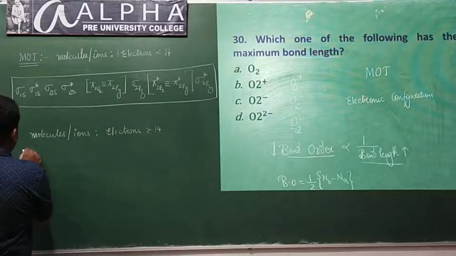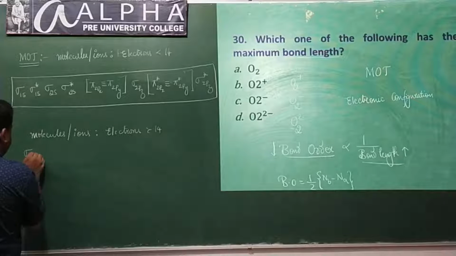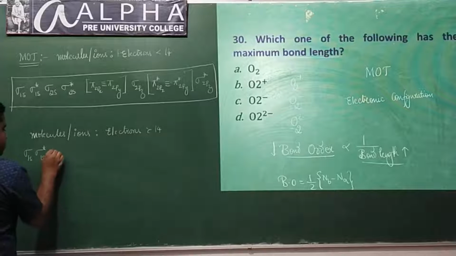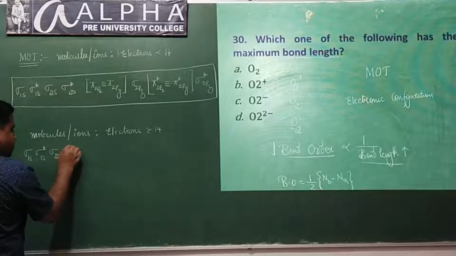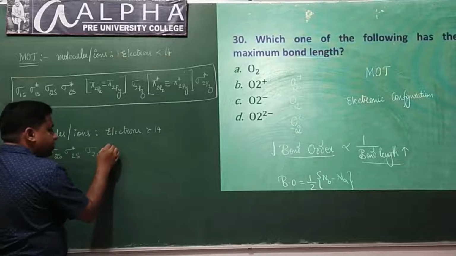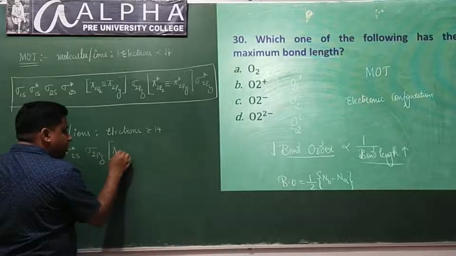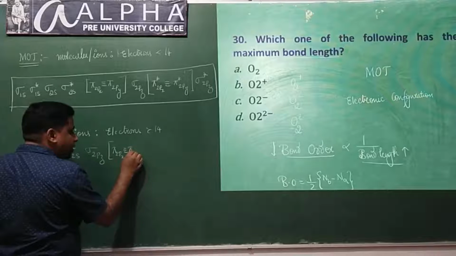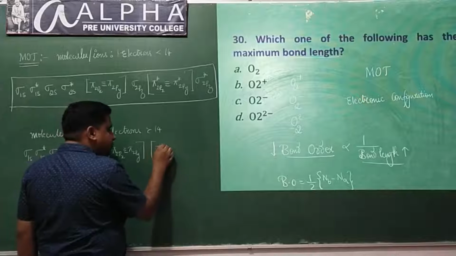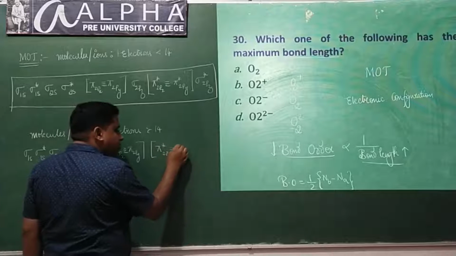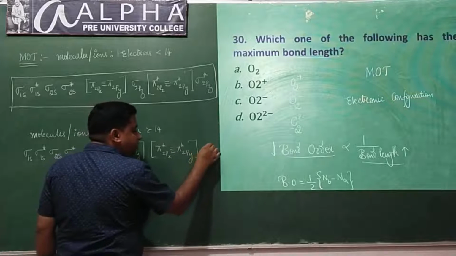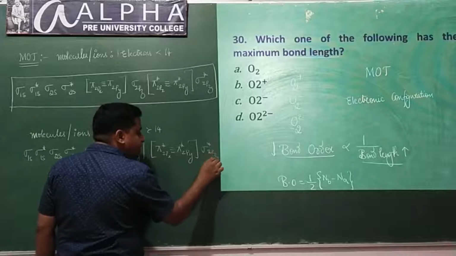Look here: sigma 1s, sigma star 1s, sigma 2s, sigma star 2s, sigma 2pz, pi 2px, pi 2py, pi star 2px, pi star 2py, and finally sigma star 2pz.